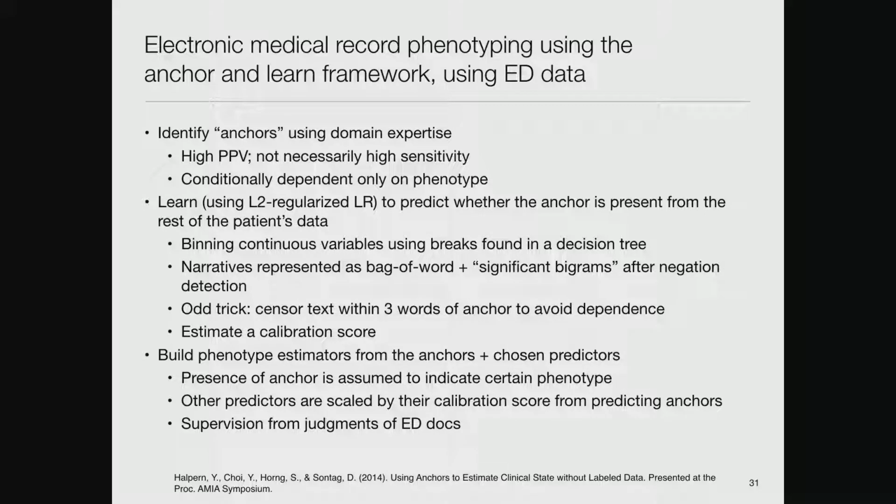So you don't want to use a term like sick, because that's going to find way too many people, but you want to find something that is very specific, but that has a high predictive value that you're going to find the right person. And then what they did is they built a model that tries to predict the presence of that word in the text from everything else in the medical record.